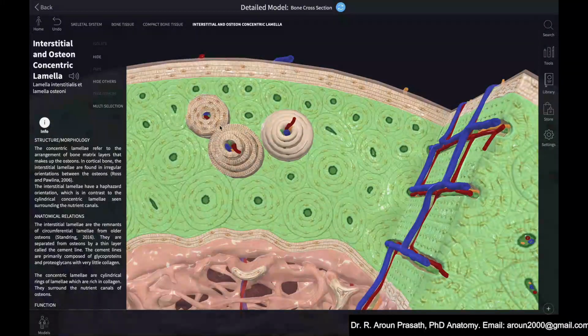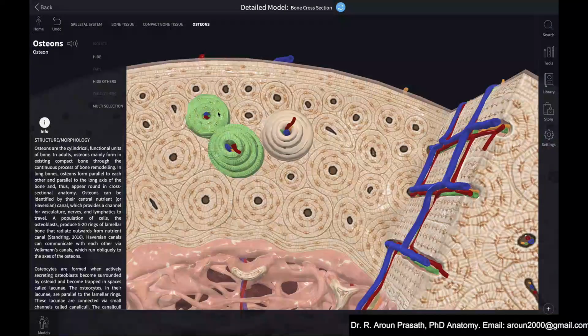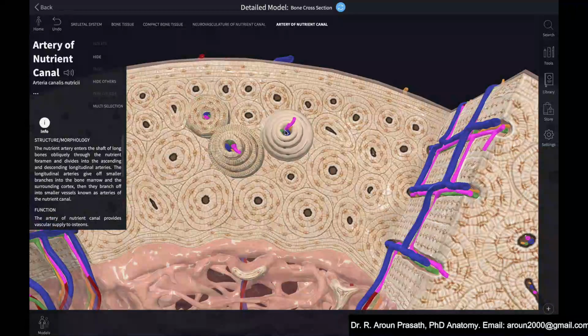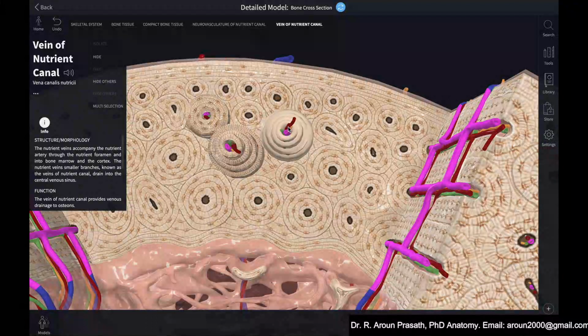One set of circular lamellae is called the osteon, which is made up of multiple osteocyte cells. At the center of the osteon there is a canal called the Haversian canal, through which the artery, vein and lymph vessels enter.